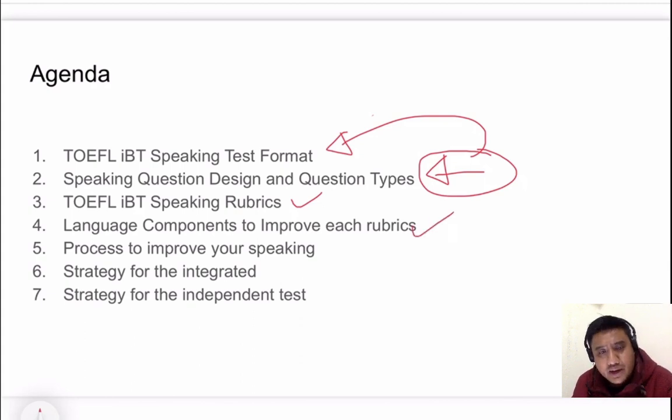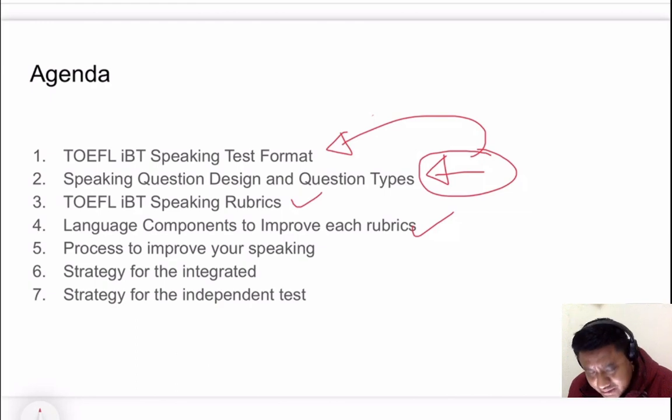The reason I do this is that I think you are already aware that for TOEFL iBT writing and speaking, ETS makes the criteria, the rubrics, public, right? That gives you details on the different criteria they use to assess your writing. Since we're talking about speaking, I'll get into the TOEFL iBT speaking rubrics.